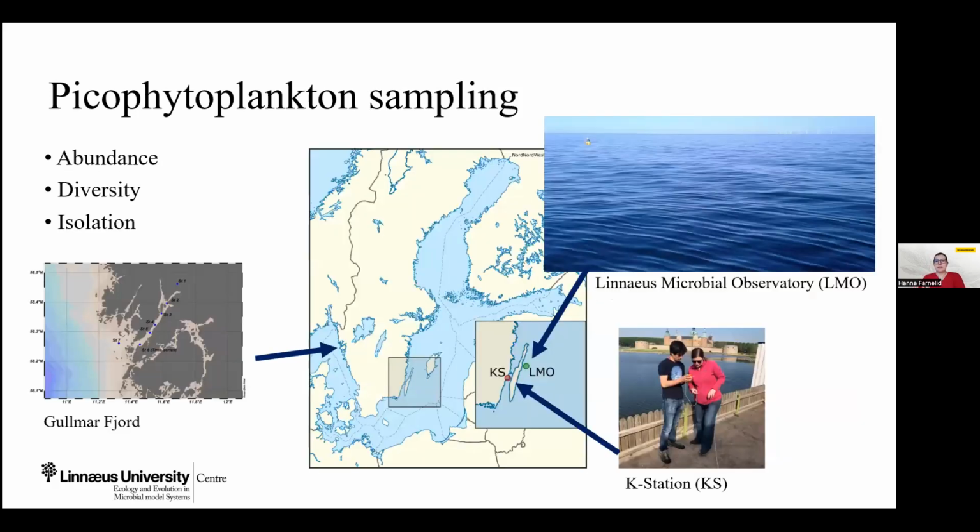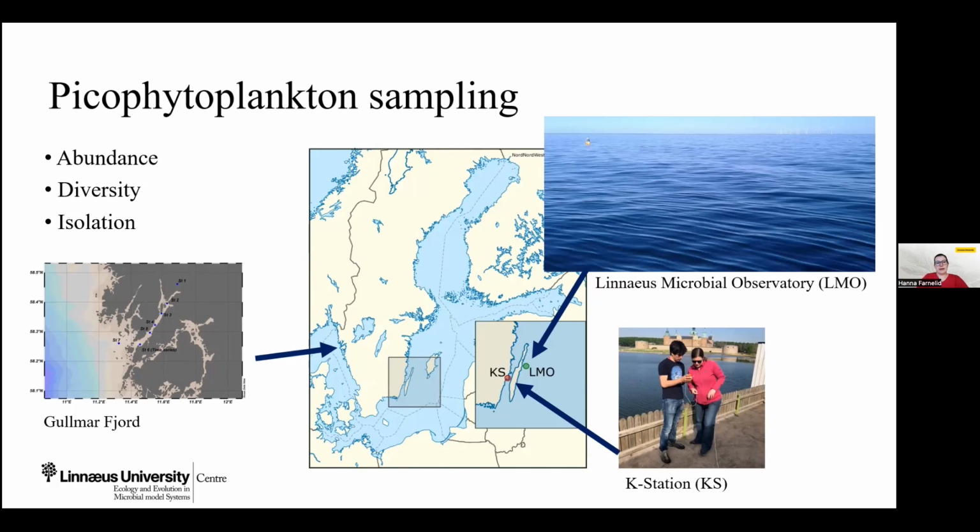So one of the first things that we set out to do was to go sampling, to look at picophytoplankton abundance, diversity, and also to build a library of diverse isolates of picophytoplankton. And here are some of the different sites where I have been working during the past year.